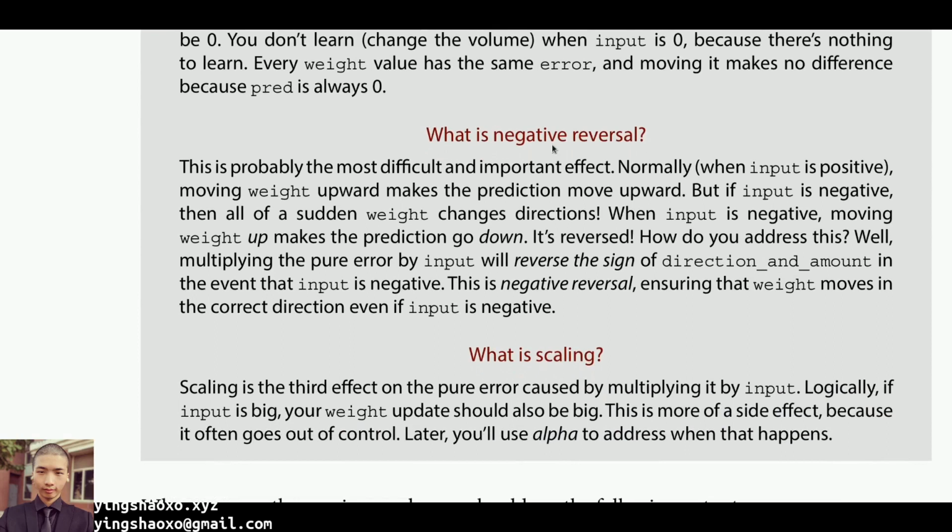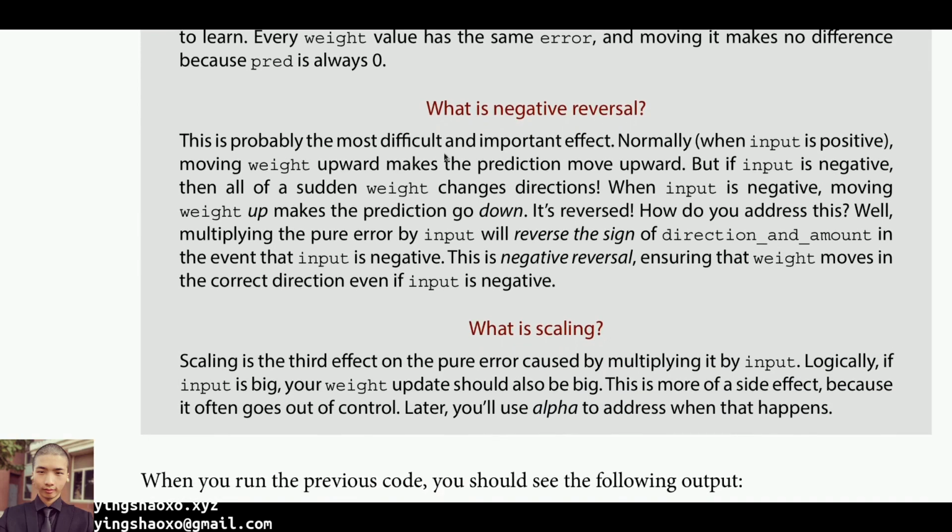What is negative reversal? This is probably the most difficult and important effect. Normally, when input is positive, moving weight upward makes the prediction move upward. But if the input is negative, then all of a sudden weight changes directions.